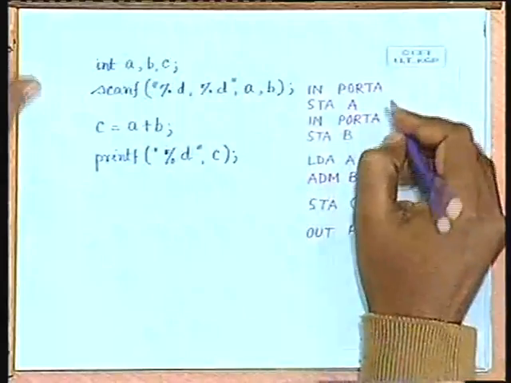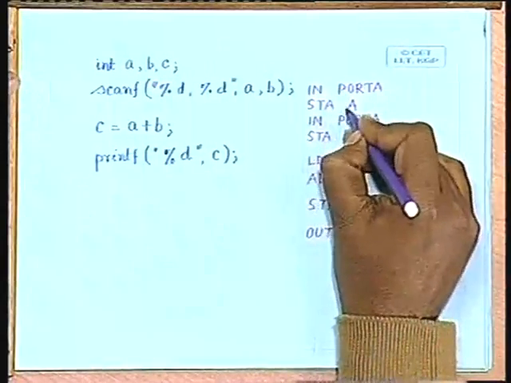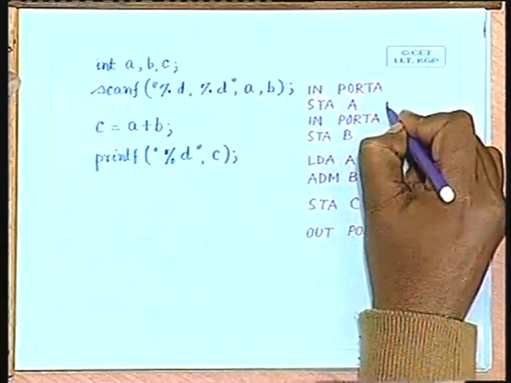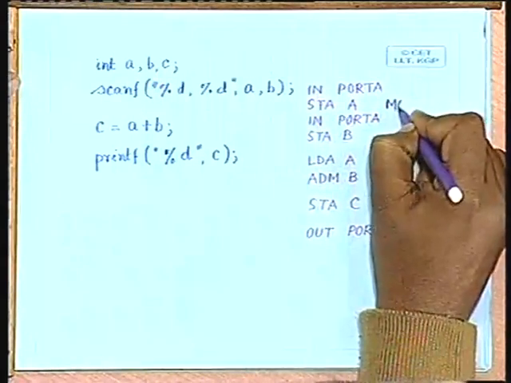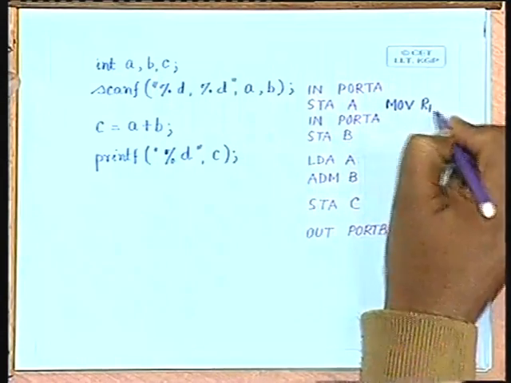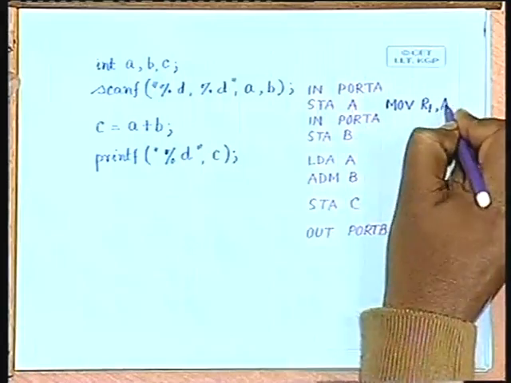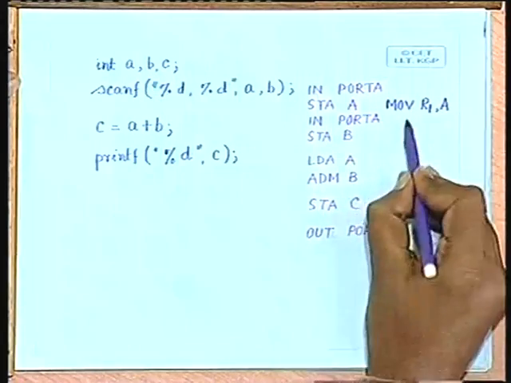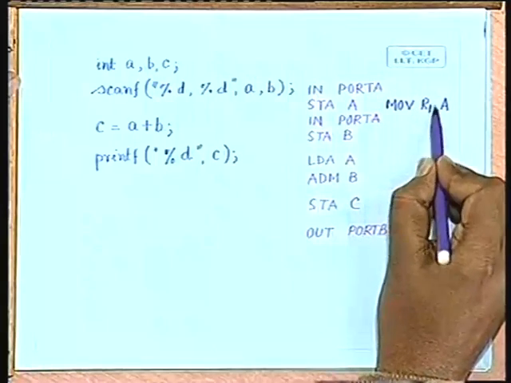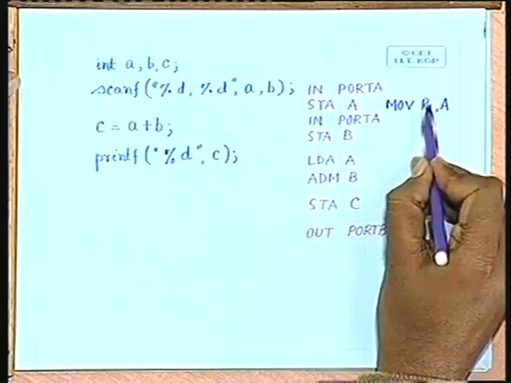Then instead of this store accumulator to the memory location A, here I can simply have an operation like move R1 comma A. It says that data is moved from the accumulator to register R1. R1 is an additional register within the CPU.